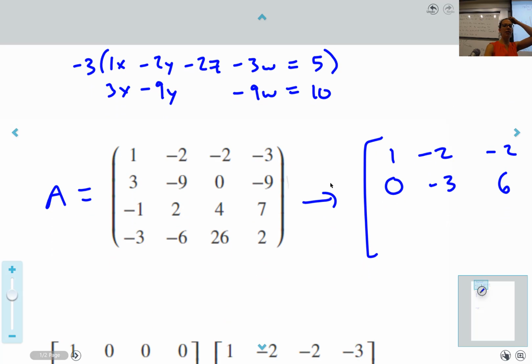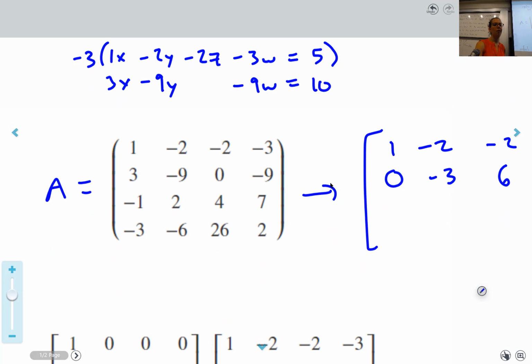Well, in this particular case, the first line is 1x minus 2y minus 2z minus 3w. The broader problem is, you might be interested in solving Ax equals b, and you might be interested in solving that for a lot of different values of b, and you wouldn't want to solve it separately each time.